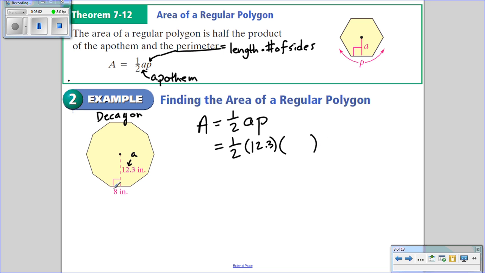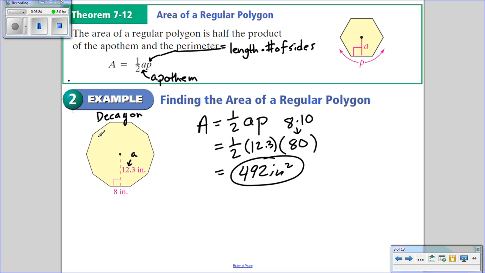And our perimeter, each side is 8, so it's going to be 8 times the number of sides, 10, which gives me 80. And now I can calculate that out. 0.5 times 12.3 times 80 is 492 inches squared.